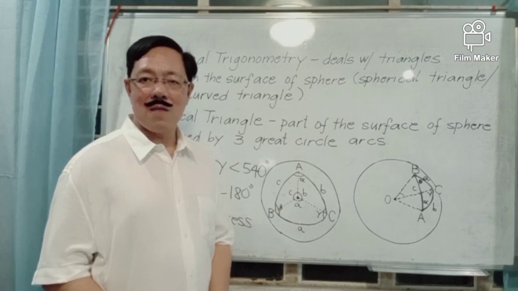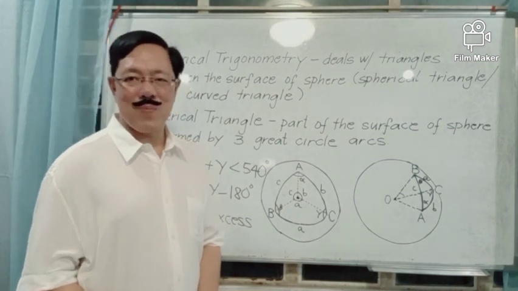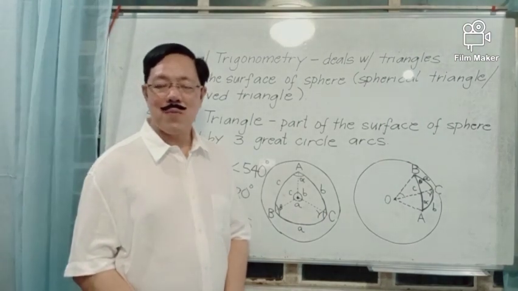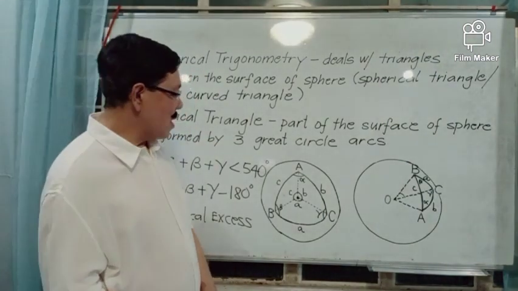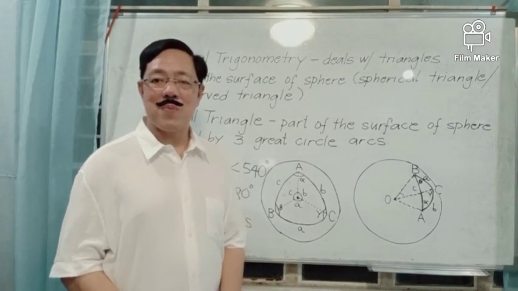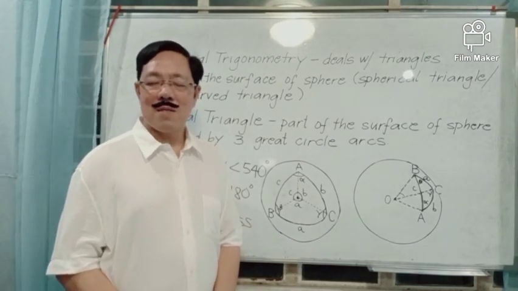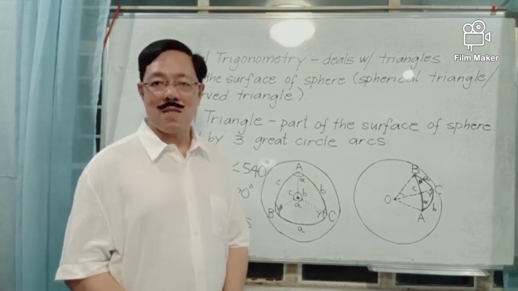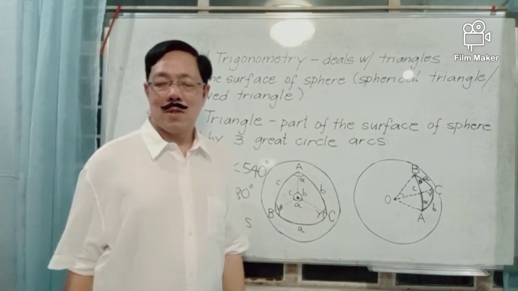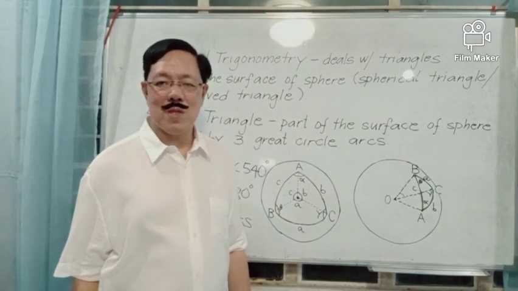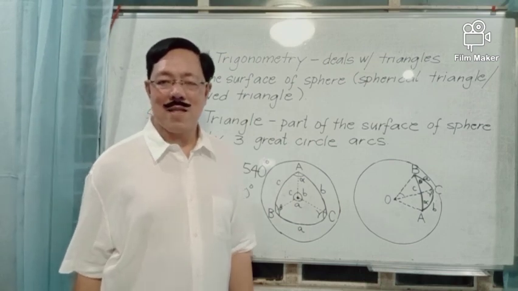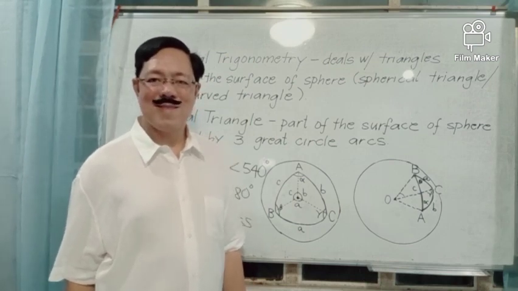The surface angles are angles on the surface of the sphere, and they are formed by the intersection of two arcs of two great circles, while the central angles are the sides of the spherical triangle, and their measures are given by the angles subtended by the arcs at the center of the sphere, for which reason these sides are known as central angles.